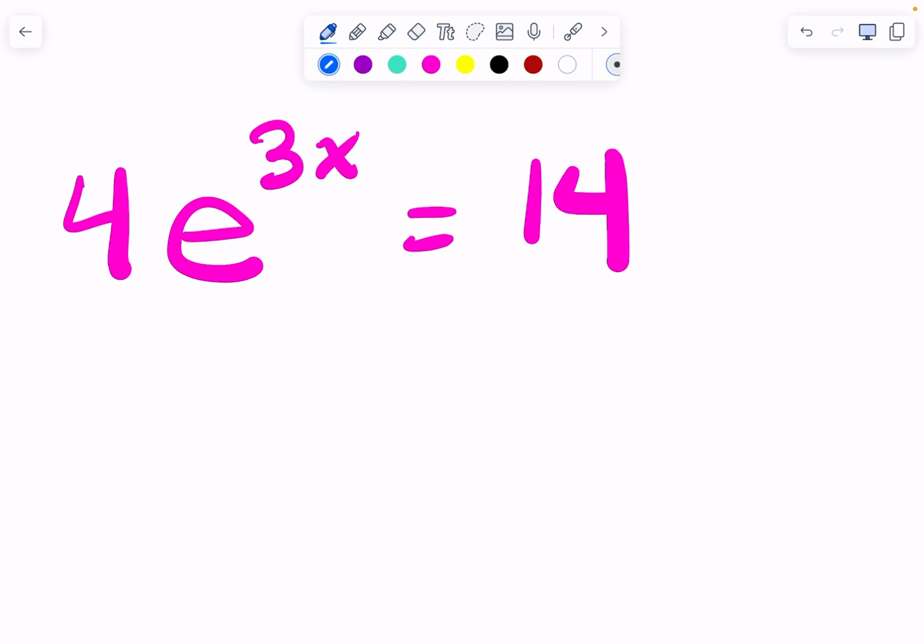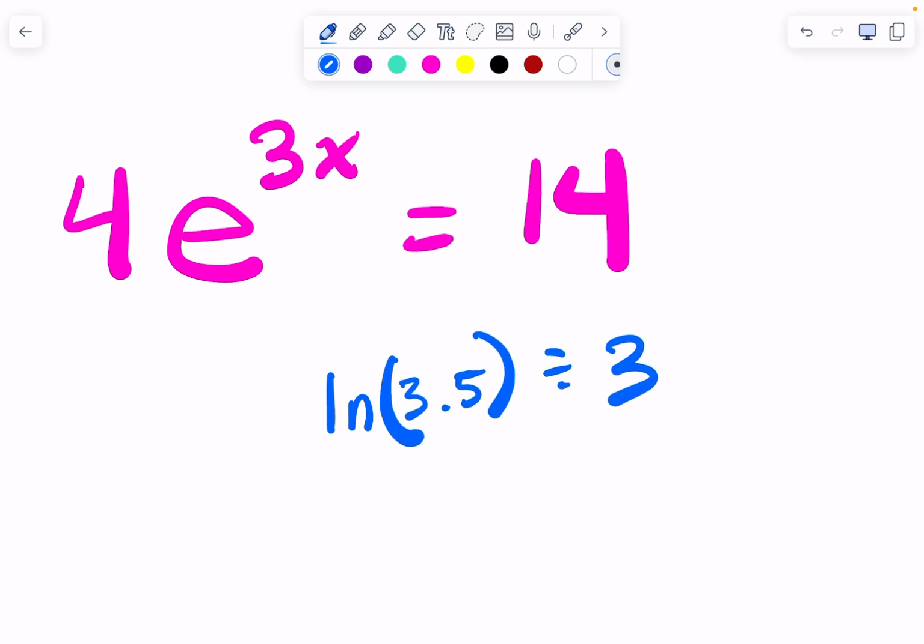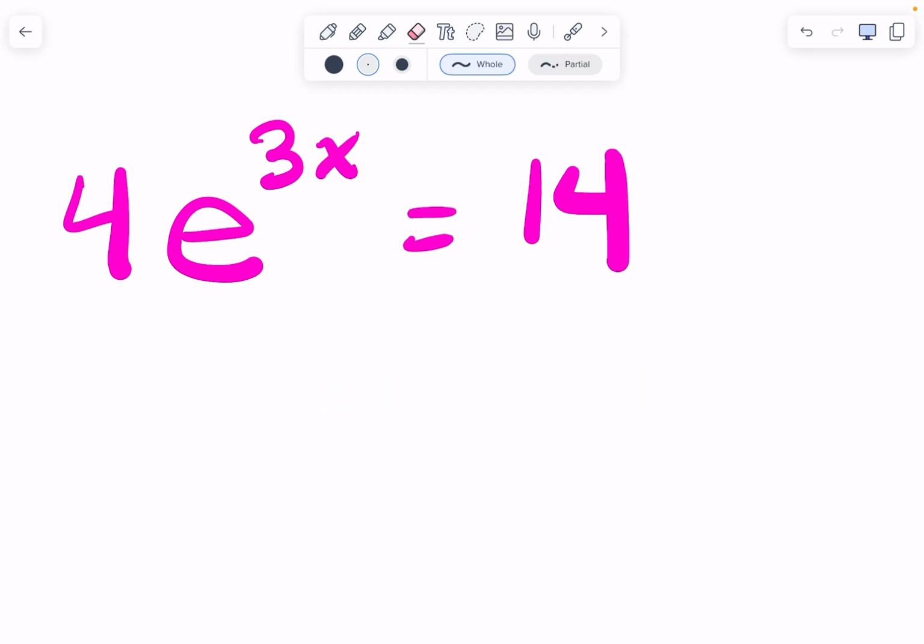Do it again. Which is 3.5, right? Type it in again. Make sure you do ln of 3.5 and close the parenthesis, and then divide by 3. That'll do it. Your work is right.